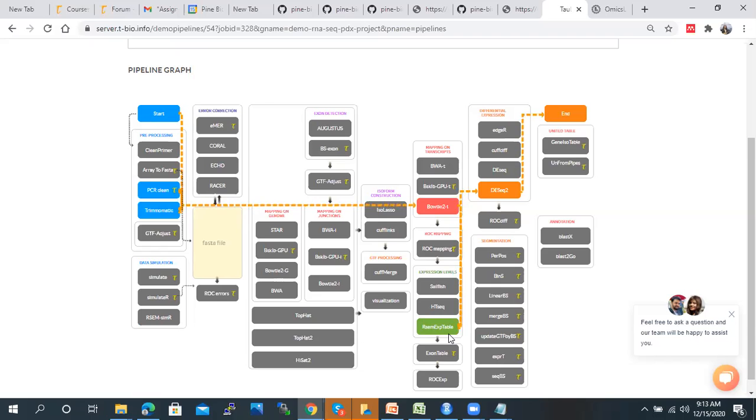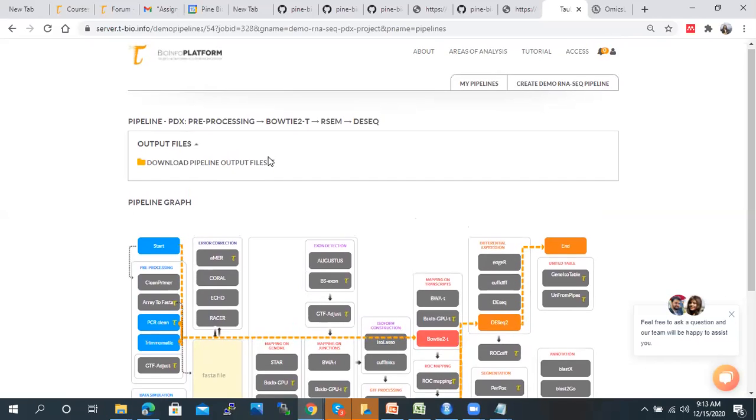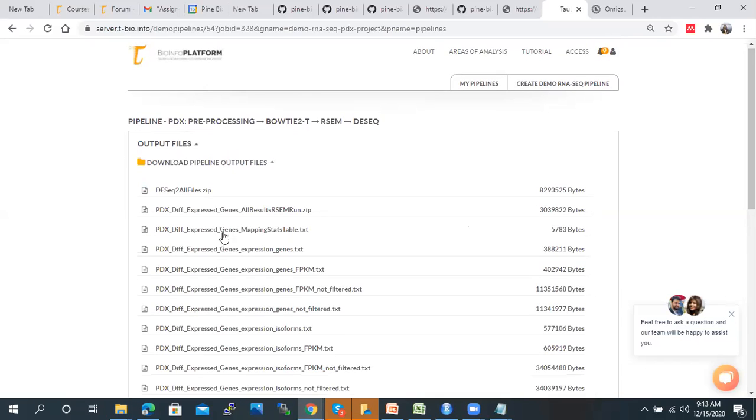Then we can perform differential gene expression with DESeq, and then we end this pipeline. Once we are able to complete this pipeline, just download this first folder, that is DESeq2 all files zip.